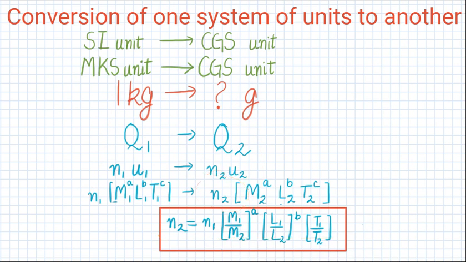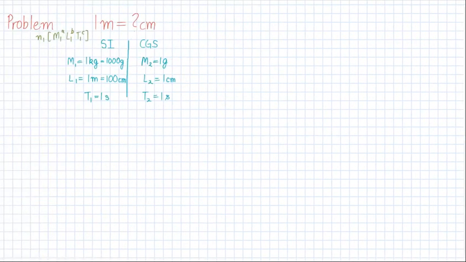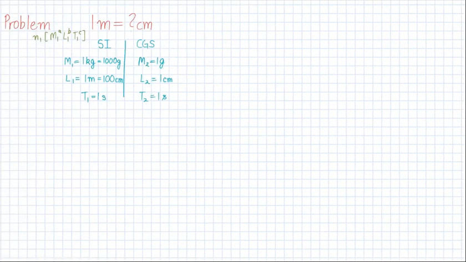Similarly here also, we have given the system which we know as 1 and the system which we don't know as 2. So in this case, how much is the value of N1? Write down this N1 first, and you don't know N2 here. So write down the formula first. Now this power a, this power b, this power c depends upon the dimension.